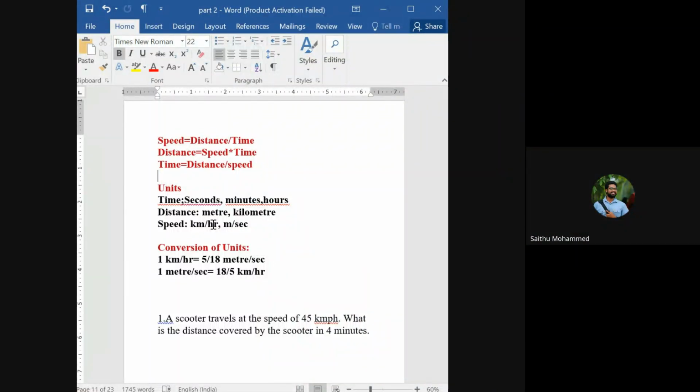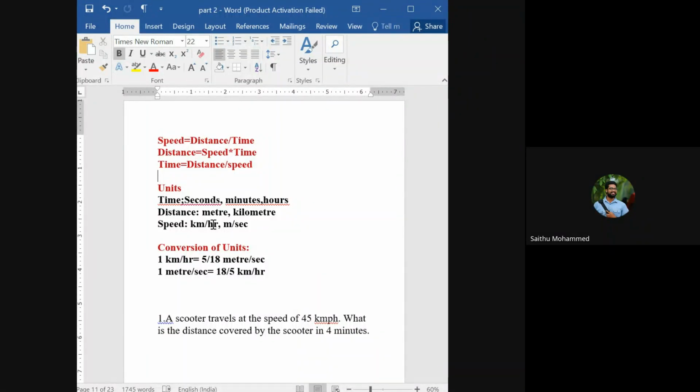For example, in a question, they have given distance in kilometer, but time is given in seconds. So we know that kilometer per hour is an entirely different unit, we are calculating kilometer in hours, right? So we can't do the equation with one unit kilometer per hour and the time unit in seconds. The time unit also should be in hours.